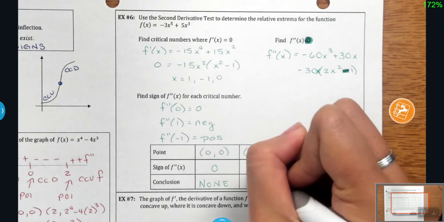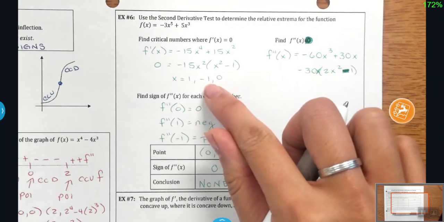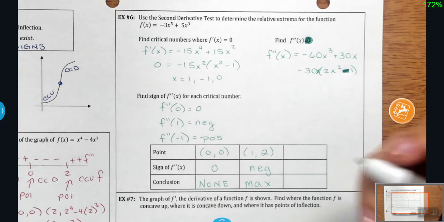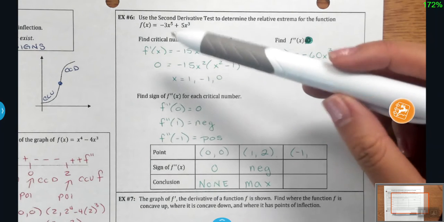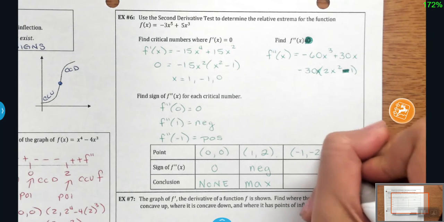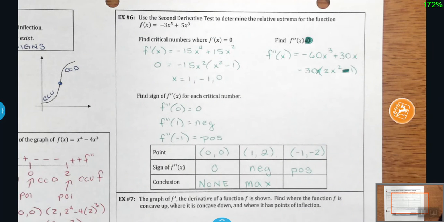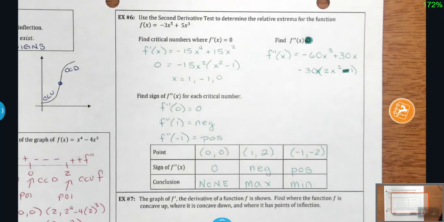And your second derivative is negative, so it's concave down, horizontal tangent line, maximum. And then we have negative 1, comma, positive 3 minus 5, negative 2. Ooh, Andy, back on point. Positive second derivative, and then conclusion, it would be a minimum. Yay. Good.